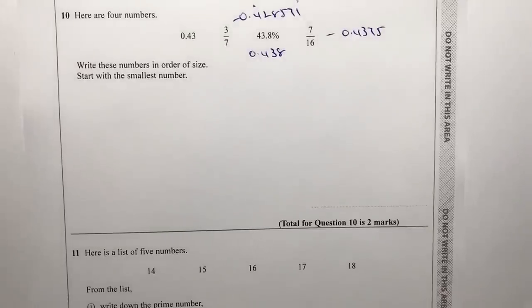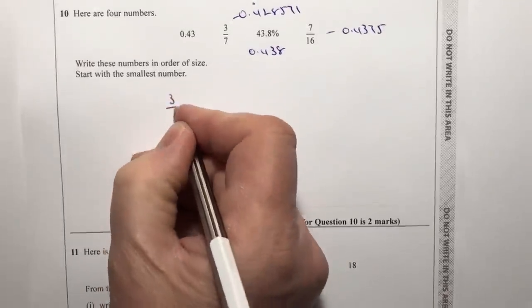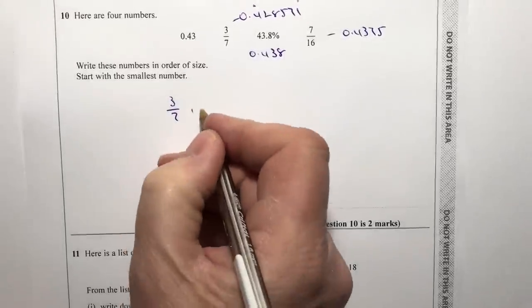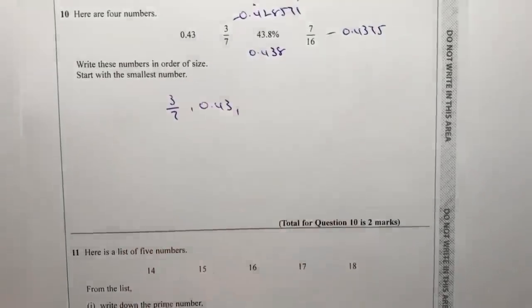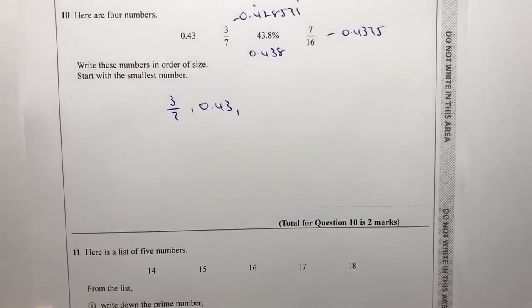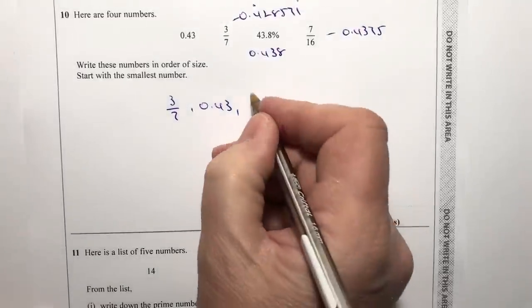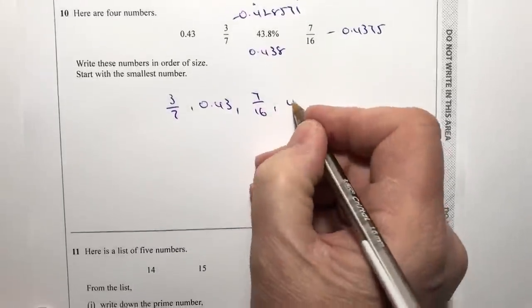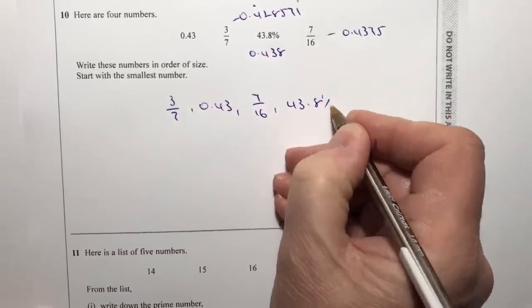Now, don't be tempted just to write these decimals out. You need to actually write them out as they're given to you in the particular question, because that's what they've asked you to do. You would lose a mark, I think, if you just chose to write out the decimal equivalents. Okay, so hopefully that's all right for you.